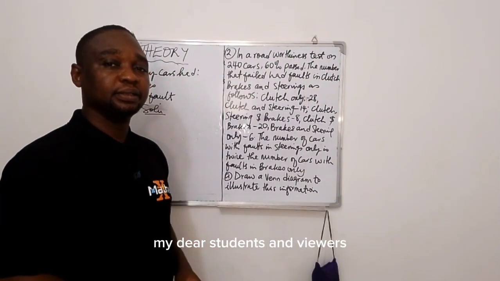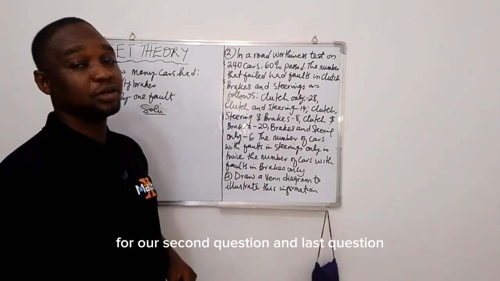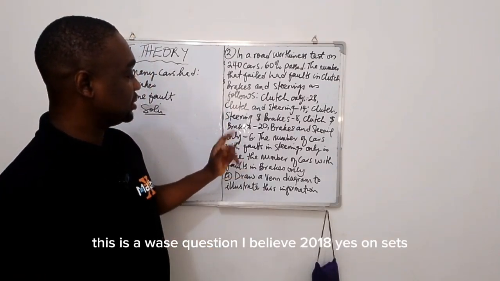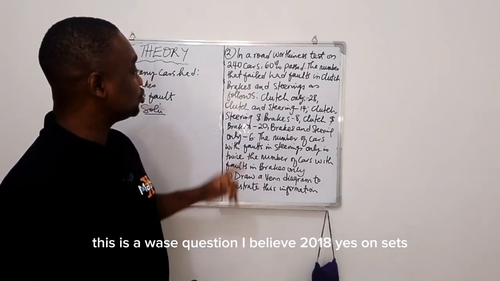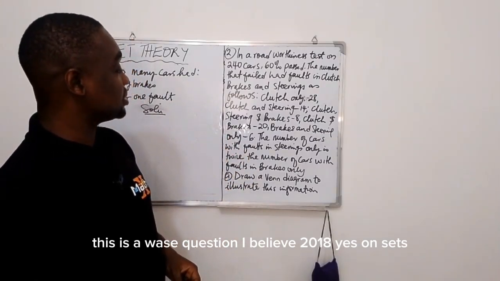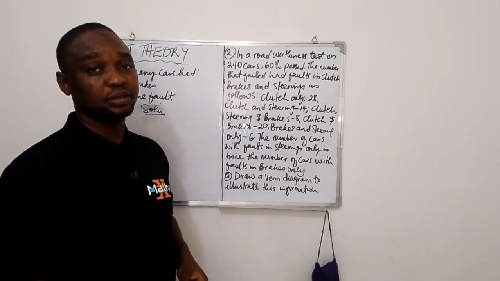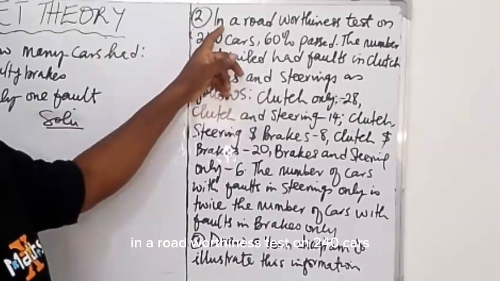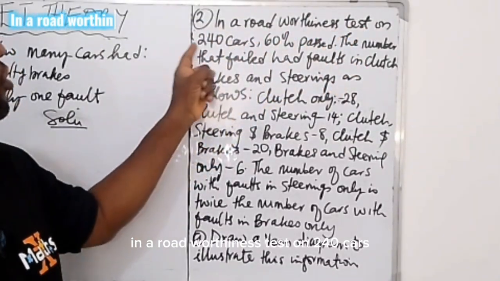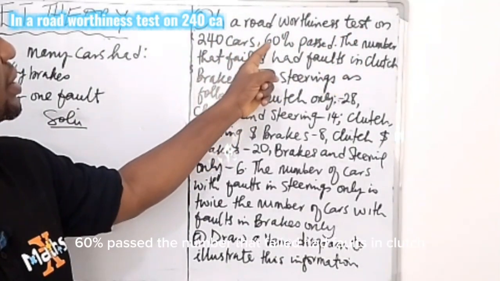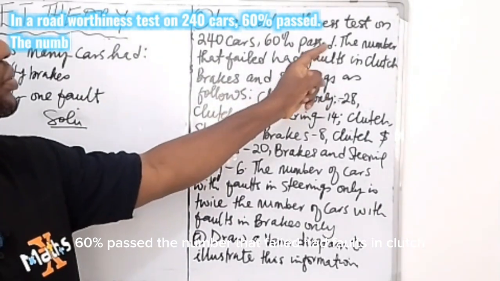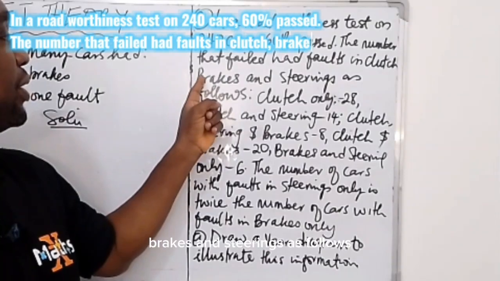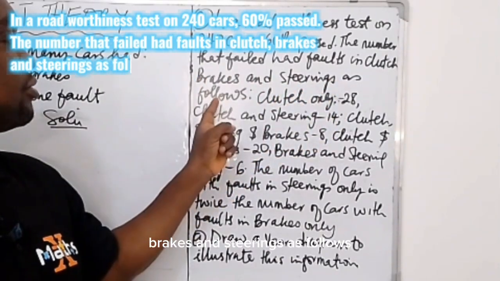All right, my dear students and viewers, for our second and last question in today's class. This is a WAEC question, I believe 2018, on sets. I found it very interesting because it will bring out some things in us. So the question goes: in a roadworthiness test on 240 cars, 60% passed. The number that failed had faults in clutch, brakes, and steerings as follows.